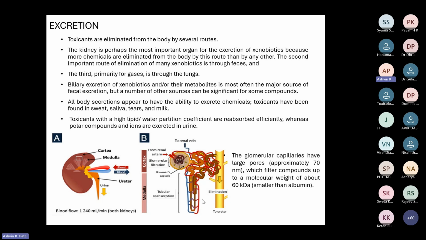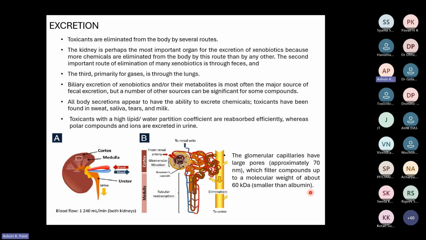Biliary excretion of xenobiotics and or their metabolites is most often a major source through the fecal excretion, but a number of other sources can be significant for some compounds. Toxicants with a high lipid or water partition coefficient are reabsorbed efficiently, whereas polar compounds and ions are excreted in the urine.